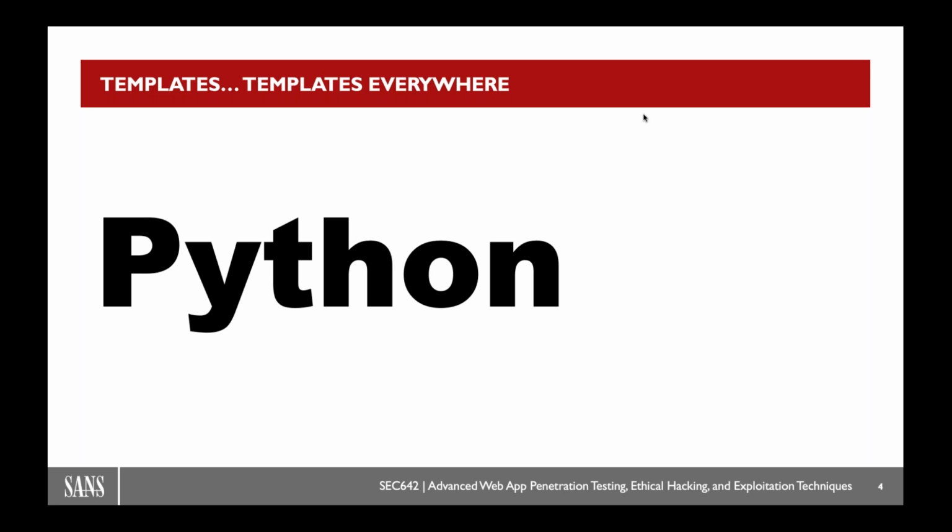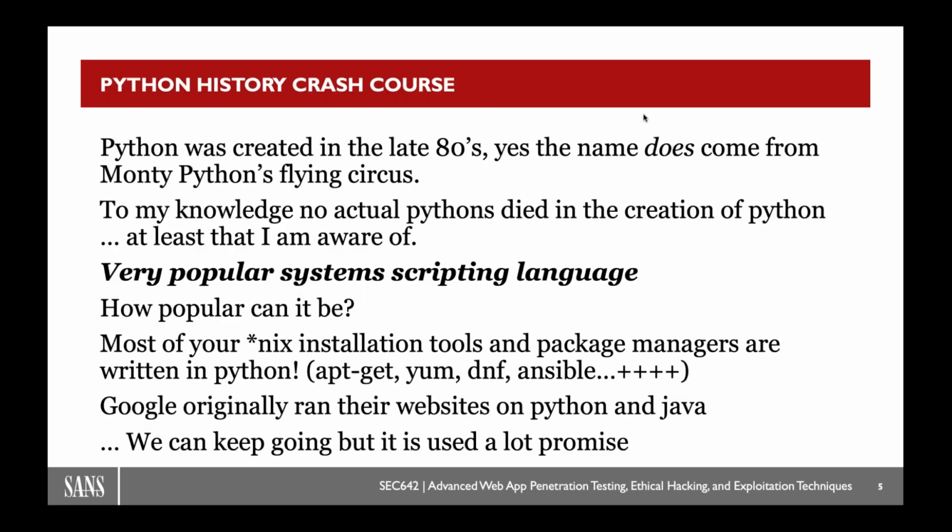So let's talk about Python. A little bit of Python. Python does come from Monty Python's Flying Circus. So if you're a fan of really dry British humor, I guess Guido van Rossum was a fan of really dry British humor.